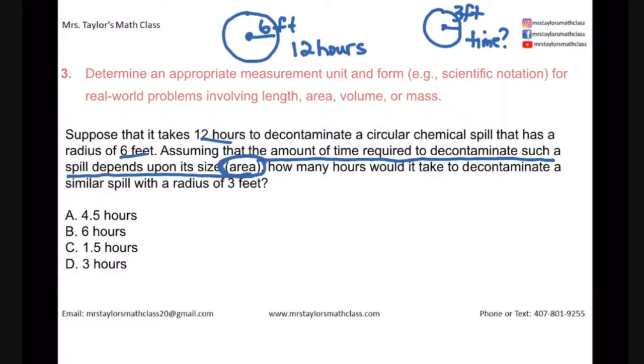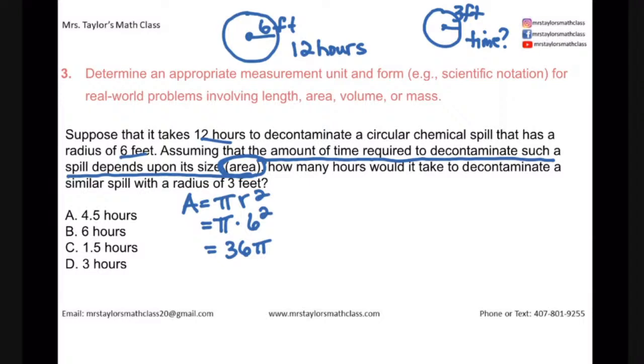So you would need to calculate the area of each one of the circles first, and then talk about how much time it would take you. So let's do the area of the first one. With the circle, A equals pi r squared. This would be pi times 6 squared, which is going to be 36 pi.